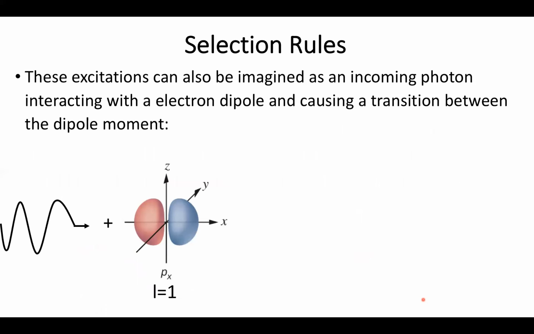So I can imagine this as a photon coming in with an oscillating electric charge, interacting with, say, a p electron. So there's one of two possible ways that these two can combine. Either I can take my dipole moment, or essentially the bias in electron charge that comes with being a p orbital, and my photon can essentially cancel this out.